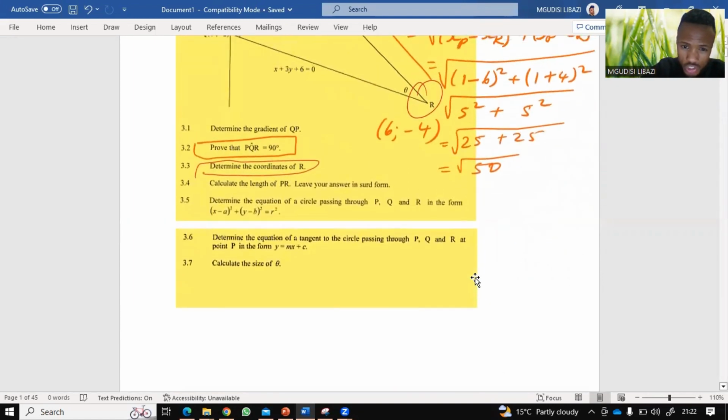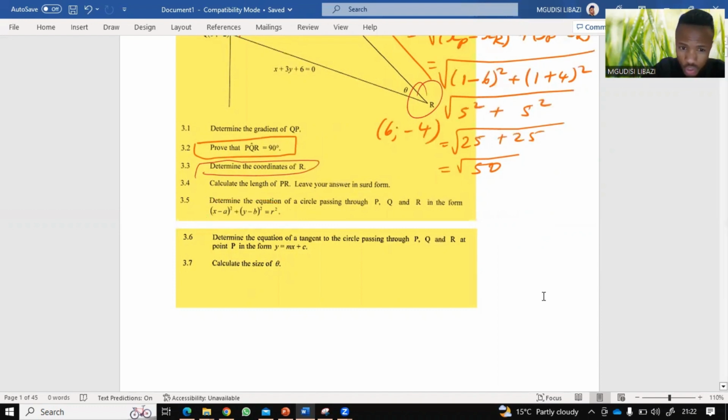So the next question says now, determine the equation of the circle passing through P, Q, and R in the form (x minus a) squared plus (y minus b) squared is equal to r squared.